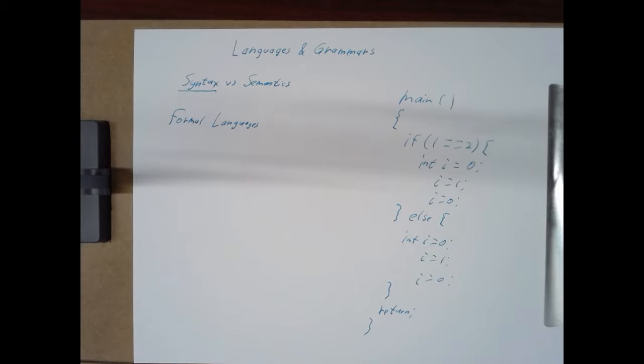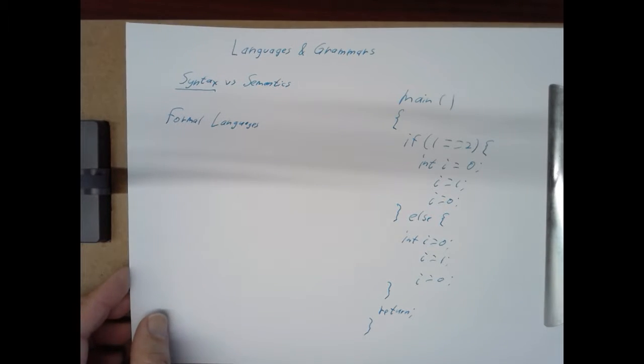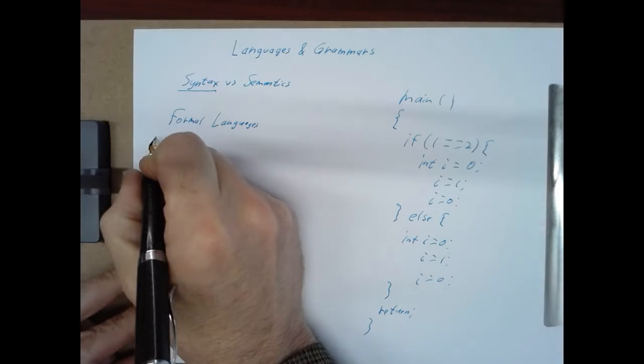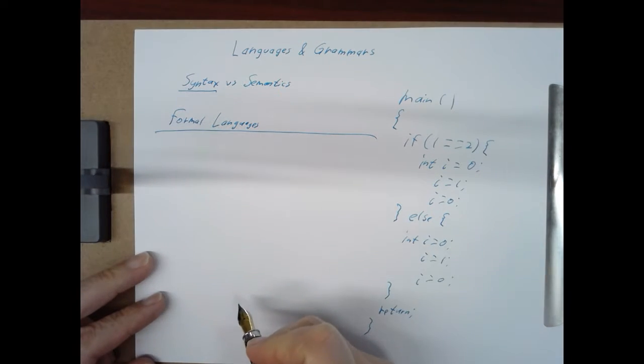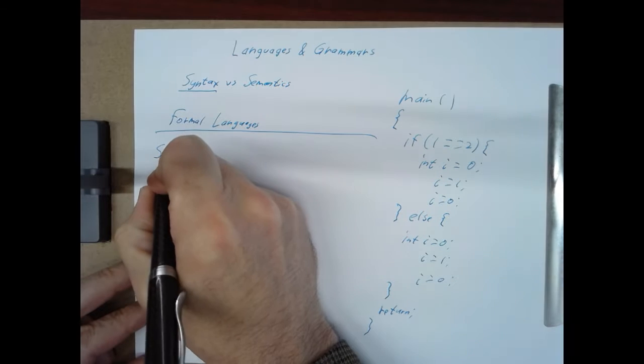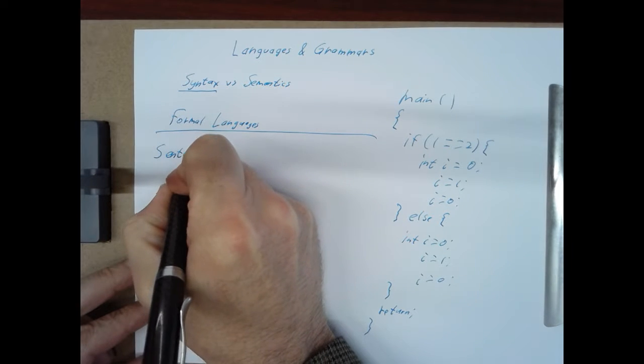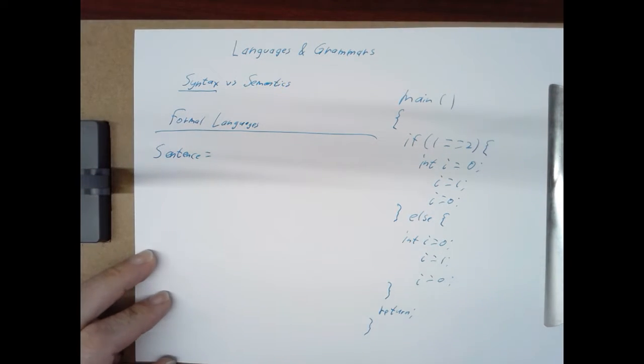So we want to sort of go to the other extreme. We want to look at very formal languages. But we'll pick on English as a language we're familiar with, and we can try to make at least some piece of it formal. So here's an example of how we could define an English sentence. So we could say a sentence is the following.